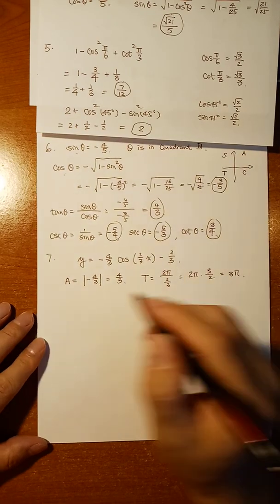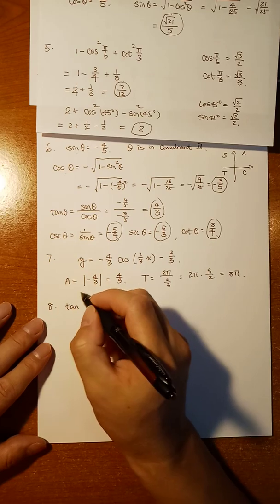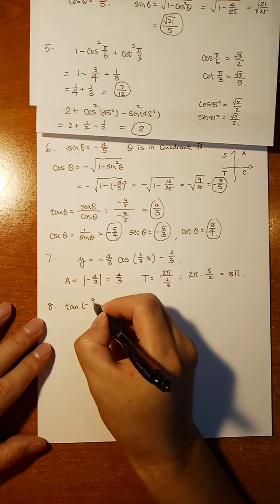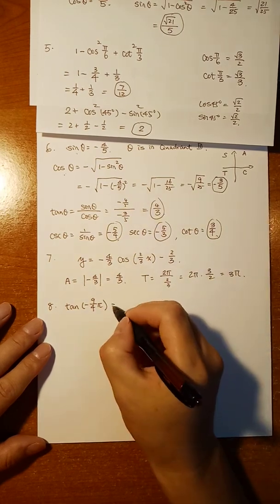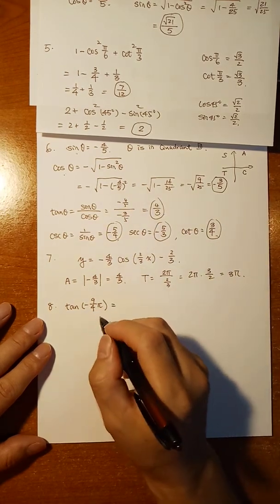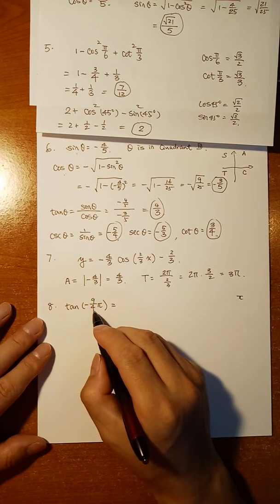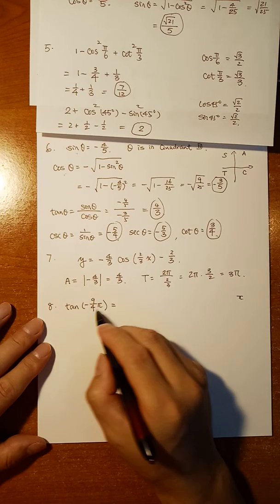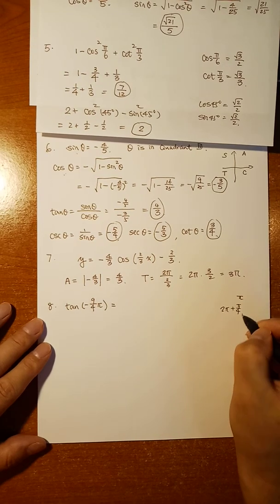Okay, problem 8, we're going to again test the memory, plus a little bit of tricks. Let's check here. Tangent has period pi. Remember, tangent's period is pi. So 9 over 4 is like 2 pi plus pi over 4. 2 pi is 8 over 4.